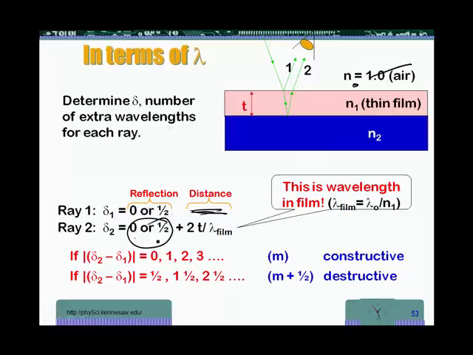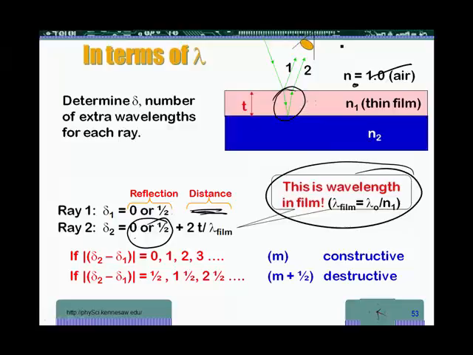And then we have to figure out how many wavelengths are we going to fit in this twice t. The key here is we have to worry about the wavelength inside that film, because light is moving in that film now.